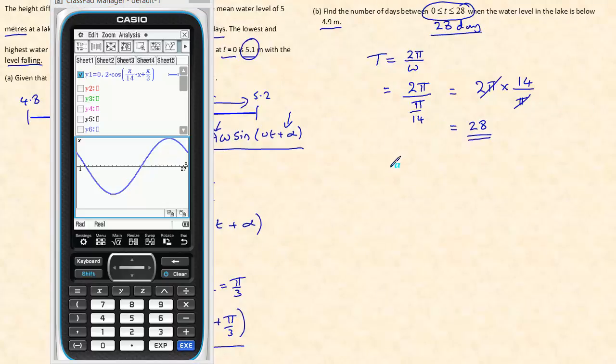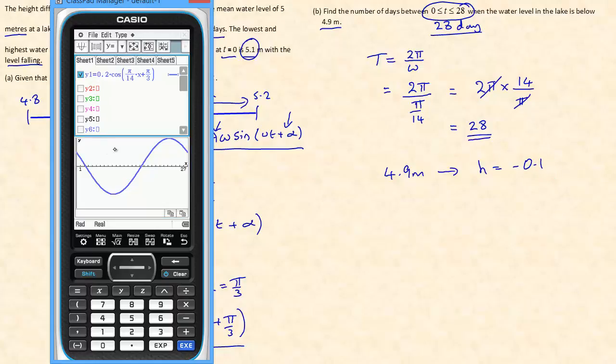Now, 4.9 meters means that h is equal to negative 0.1. So let's put on here negative 0.1. Let's regraph that. And we're going to want these two intersections because these are the days where it's below.